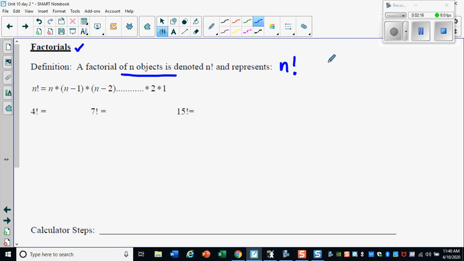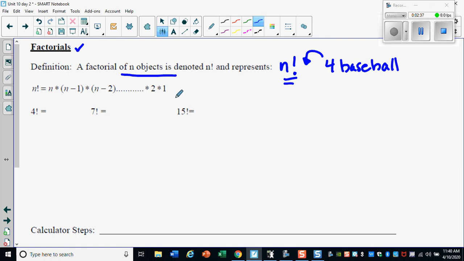So for example, let's say that we had our 4 baseball players. Okay, when we do n factorial, that's going to tell us how many different ways can we order our 4 baseball players. So now what exactly does that exclamation point tell us to do? So that's kind of like a mathematical operation, that exclamation point.